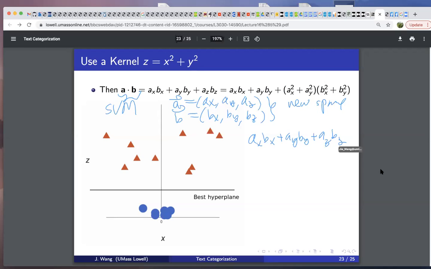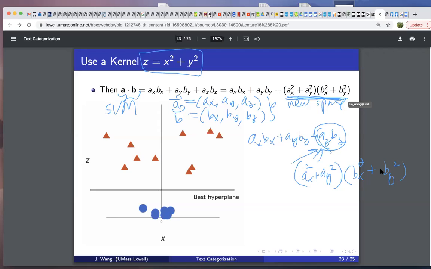Under this kernel, AZ should be equal to AX squared plus AY squared, and BZ is BX squared plus BY squared. So we replace this part by its kernel function, and that's what we have in this term.